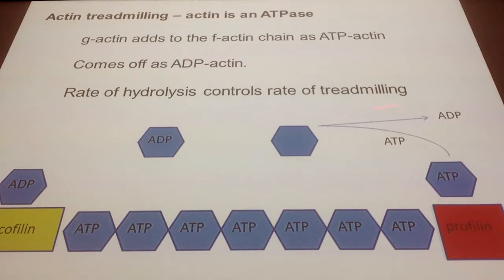So you need a lot of ATP toward the leading edge. This process right here, where ATP-bound G-actin is added at the plus end and ADP-bound G-actin is removed, we call this treadmilling. Like if you walk on a treadmill, or a tank, the same G-actin is being used, but it's just being recycled, right?